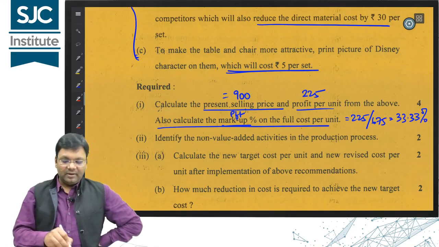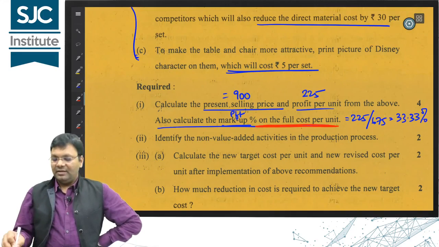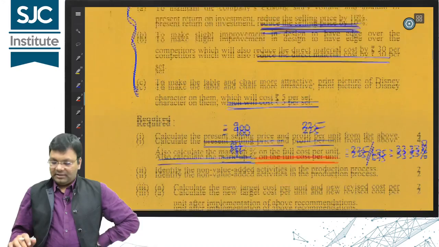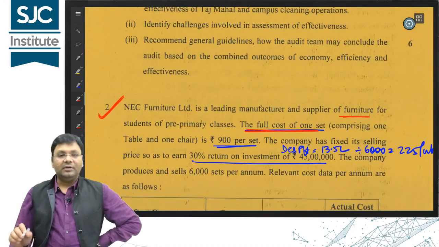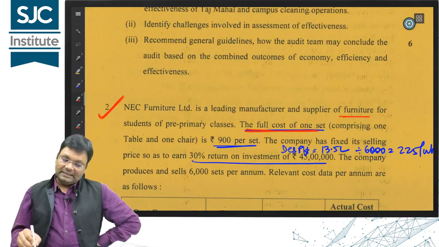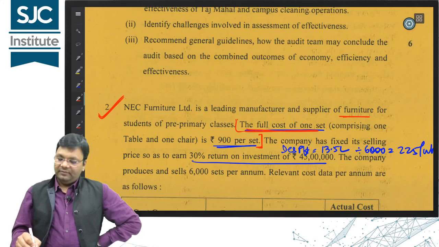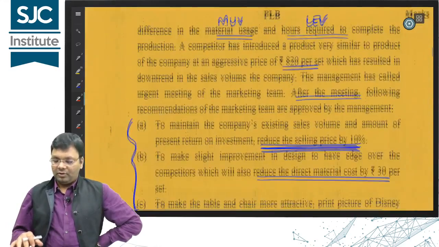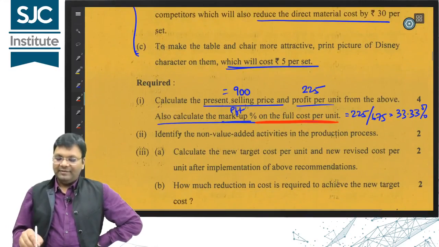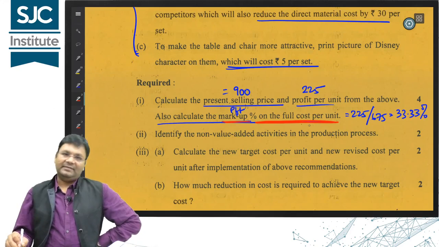Now somebody may understand, sir, what does full cost per unit mean? Is it that this full cost per unit has been referred to here? We don't know, because if we understand from the information, we are understanding that this is selling price. But full cost is usually supposed to be your own total cost, and when we say markup, it has to be on your cost, it cannot be on selling price.